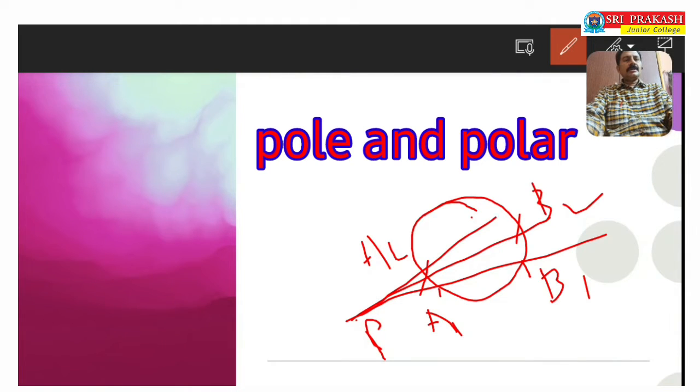Like that you can draw as many as you can through the point P. Here the line segments A1B1, A2B2 and A3B3 are called chords of the circle, and A1, A2, A3, B1, B2, B3 are the points of intersection of the secant lines with the circle.